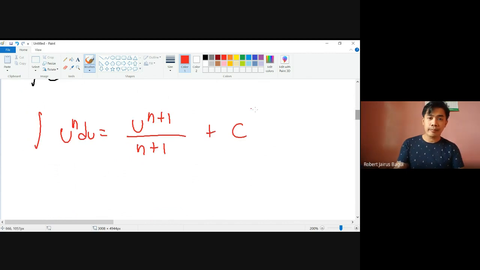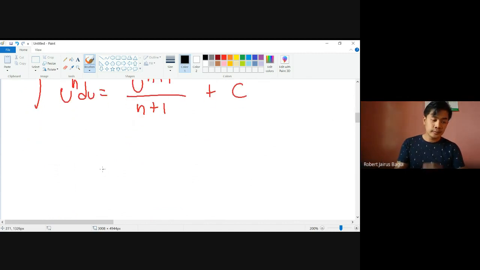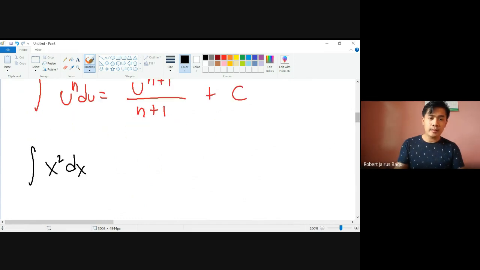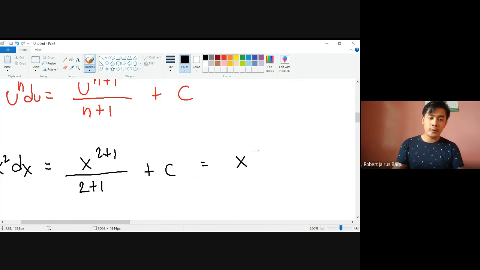So why is that? For example, how do we use it? Take x squared dx. Looking above, the exponent only needs plus 1, all over 2 plus 1, plus c. That is equivalent to x cubed over 3 plus c.